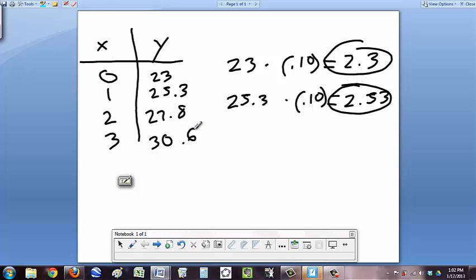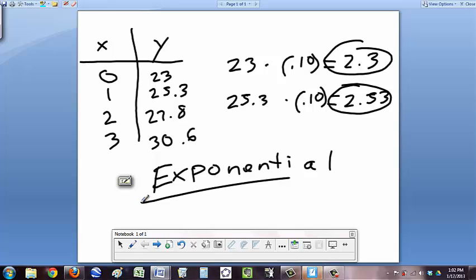Now, if we were rounding these off, we'd have to say this is 28 and this is 31. But for the purposes of this exercise, you can see the important part was that we weren't adding the same amount each time. So is that going to be linear or exponential? Yeah, that is exponential. And you'll have to excuse the handwriting. I'm still working on writing on the computer like this. But yes indeed, that is exponential.